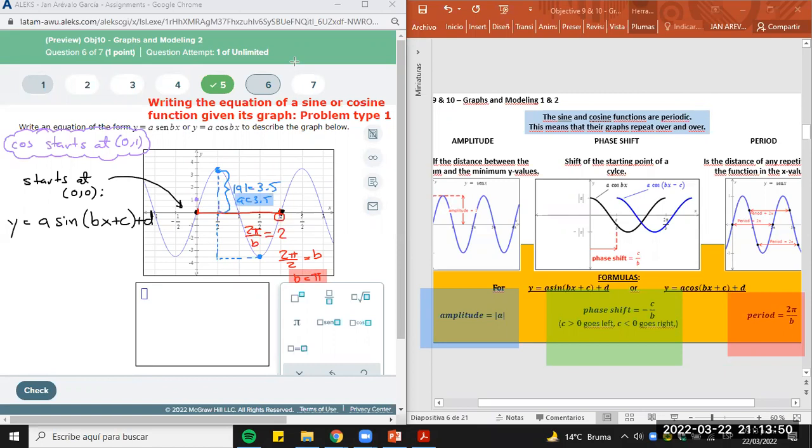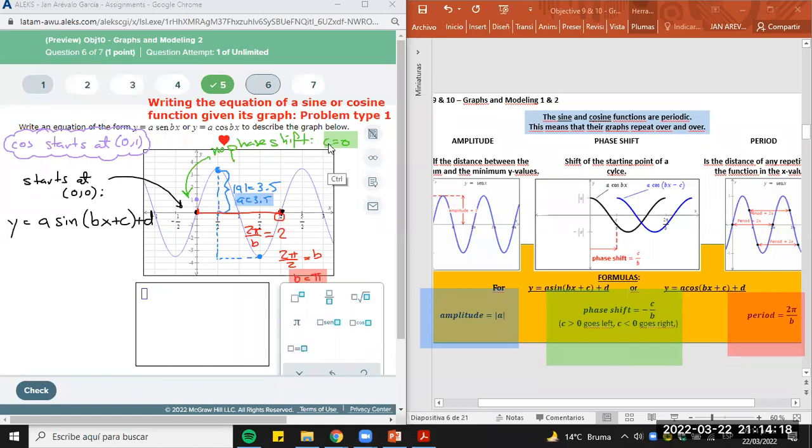And I can tell you that in these kind of exercises, you won't have a phase shift. So no phase shift means that c equals 0. You will always have this. So remember, you won't have phase shift.